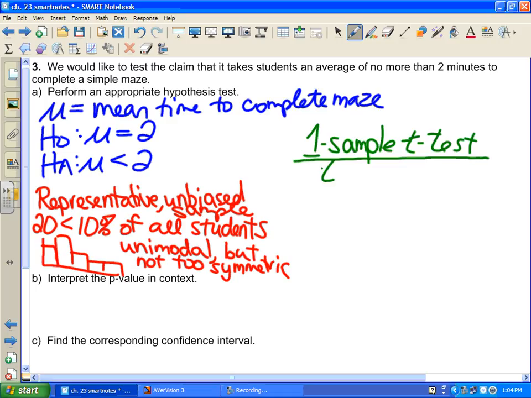So we need two things from the calculator: the t-test statistic and the p-value. Okay, so go to stat, then test. It's the second thing, the t-test. There's two ways to enter information.